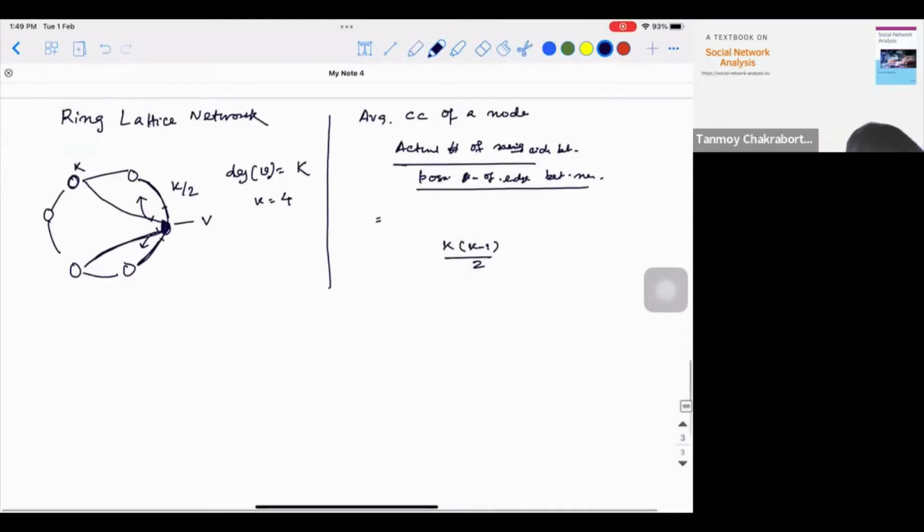In order to do so, let's unfold this graph. This is a kind of circular graph. Let's unfold it.